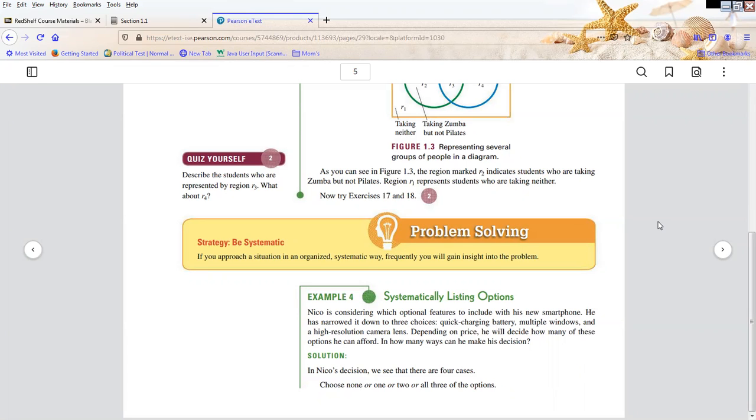Nico is considering which optional feature to include with his new smartphone. He's narrowed it down to 3 choices: quick charging battery, multiple windows, and high resolution camera lens. Depending on price, he will decide how many of these options he can afford and how many ways he can make this decision. In Nico's decision, we see that there are 4 cases. Choose none or one or two or all 3 of the options.